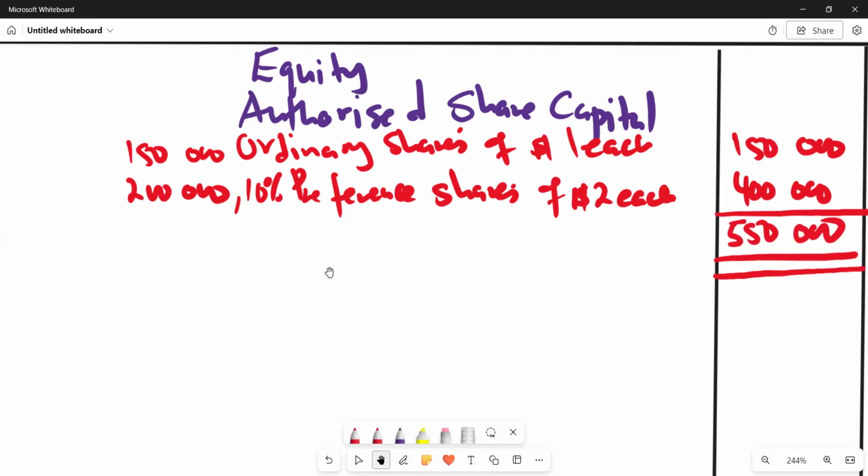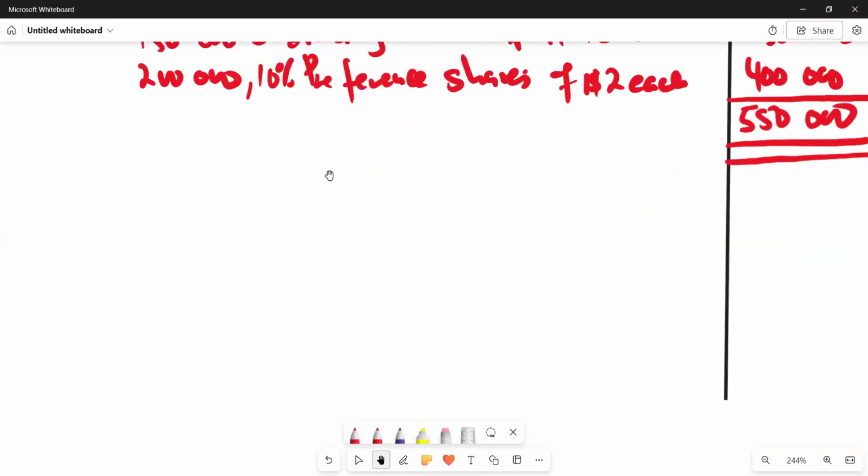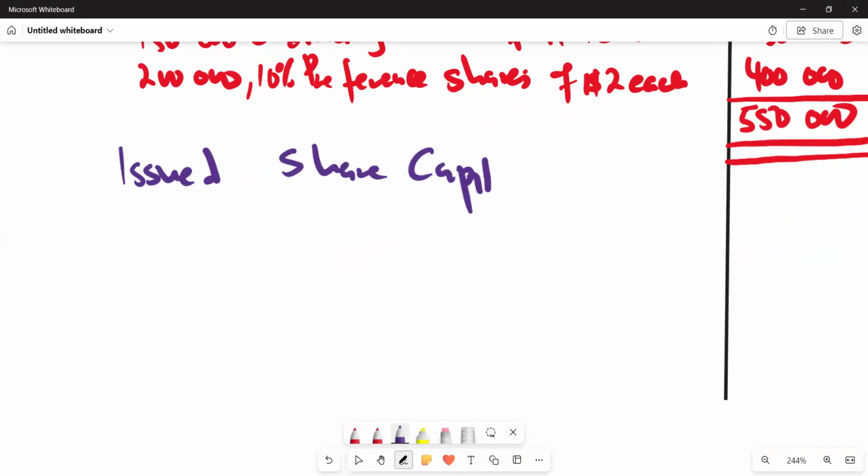So we go down now. We go to the issued share capital. But issued now shows it's going to affect our calculation that I'm going to follow. So we've got issued share capital. So we can just go there and try to see in terms of issued.